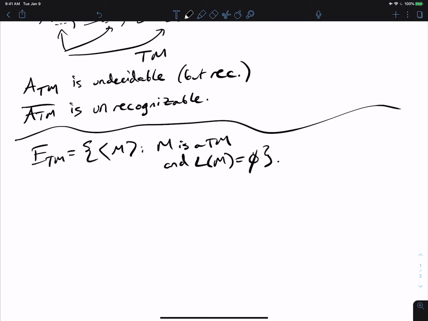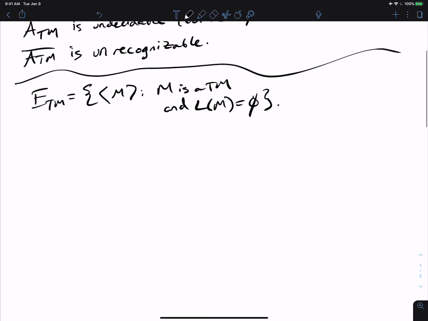We saw that ECFG was decidable, so ETM could go either way. What we'll be proving here is that it's undecidable. And in fact, pretty much every problem that you'll ever find, as we'll see soon, is undecidable.